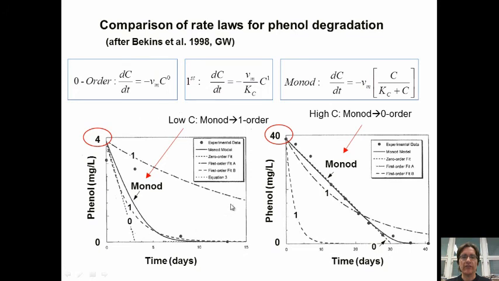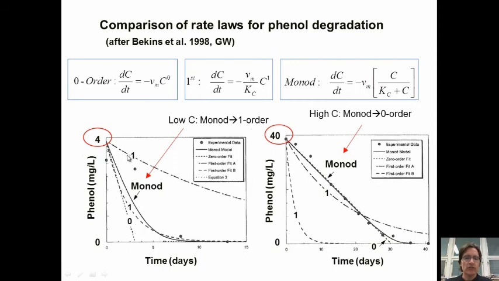So this is going to show the effect of the Monod term. In some cases, a 0 order might work, in some cases a first order, but in other cases, a Monod term is much better because it can switch between 0 and first order. So here's an example. Here are some data points showing degradation of phenol over time. In this case, maybe a first order might work. It seems not too bad. A 0 order doesn't work.